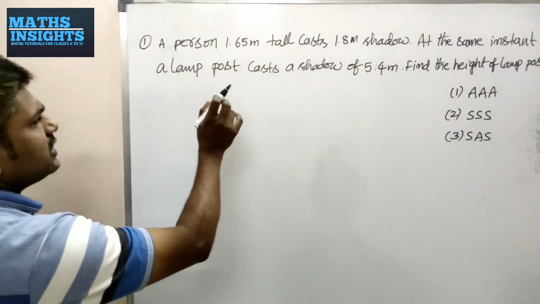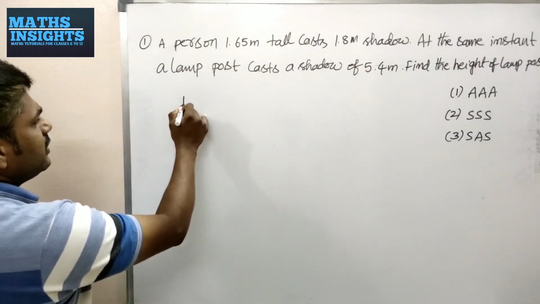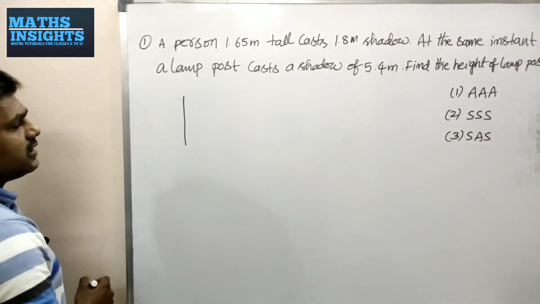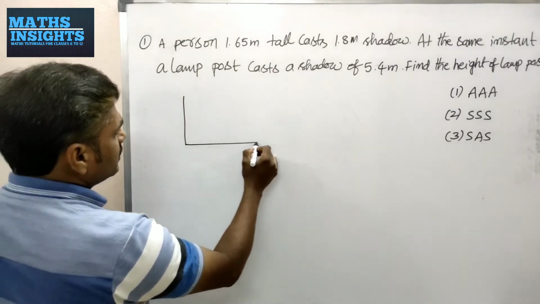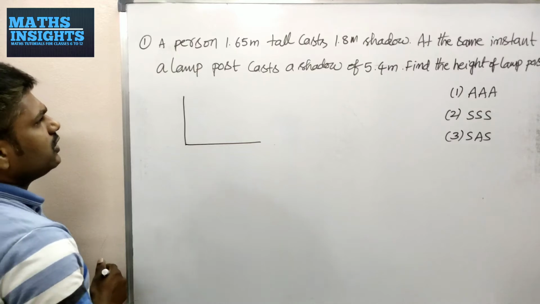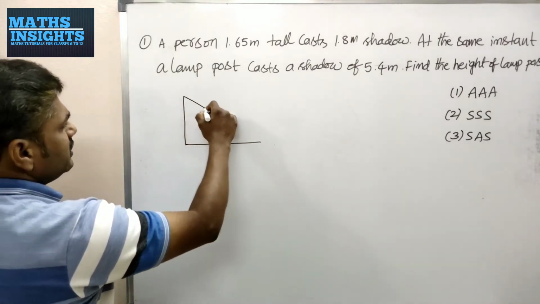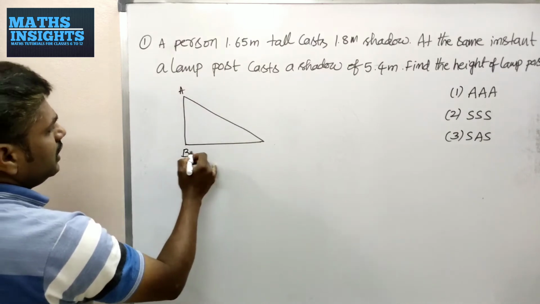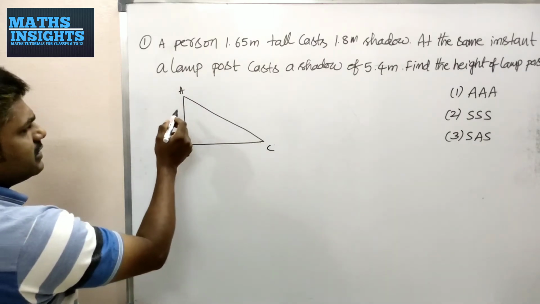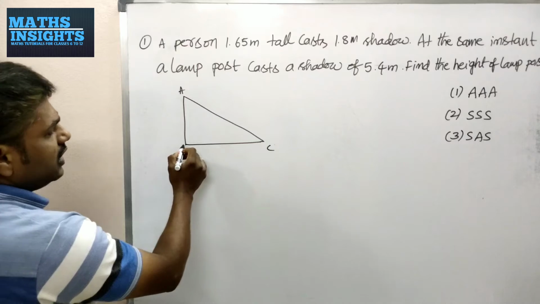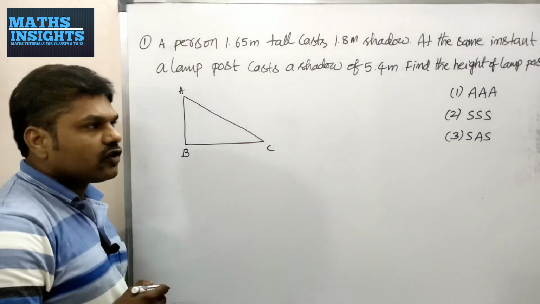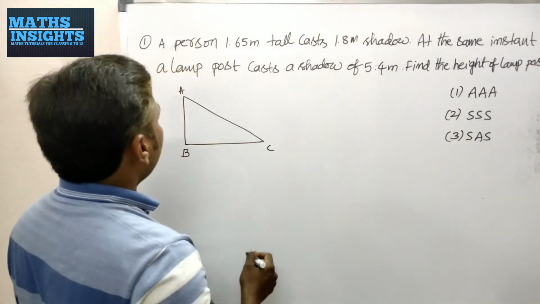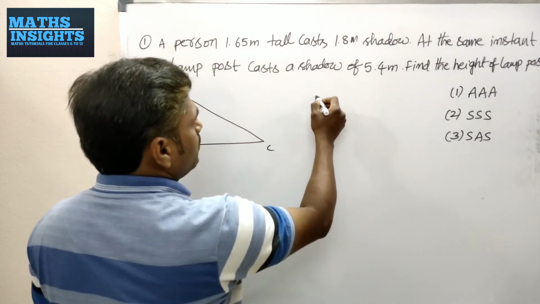Say I am taking the height of the person here and the shadow will be here. Then we may join these two. Let it be A, B and C. This is the height of the person and this is the shadow of the person. Similarly, let there be a lamp post here.